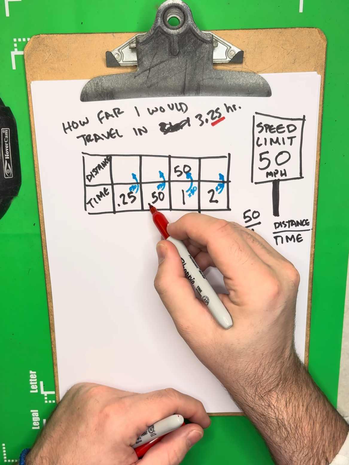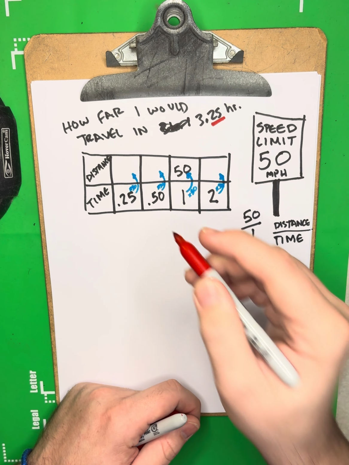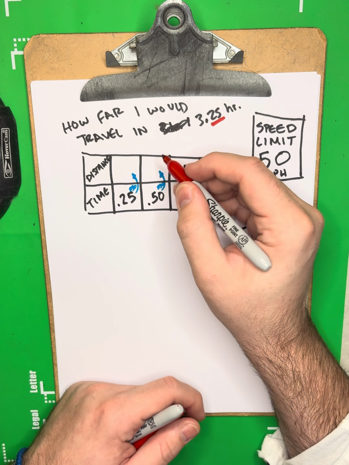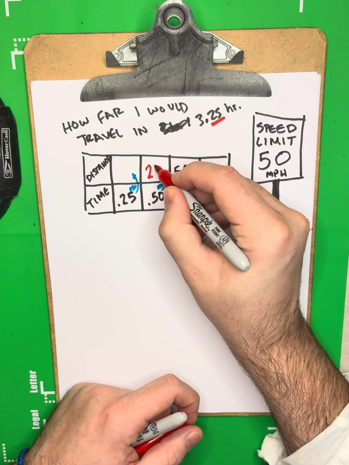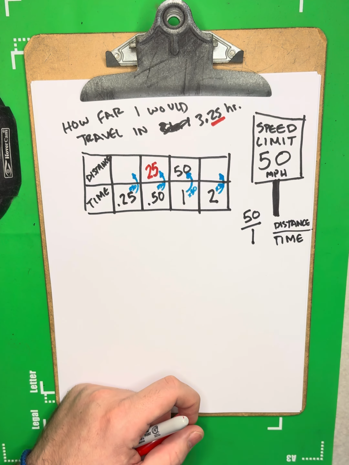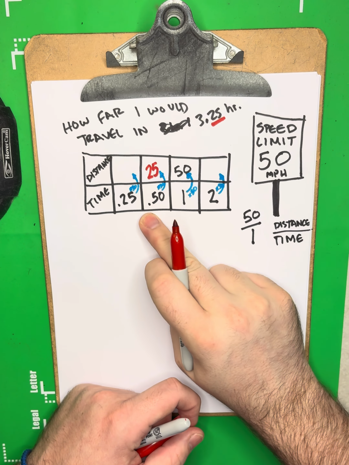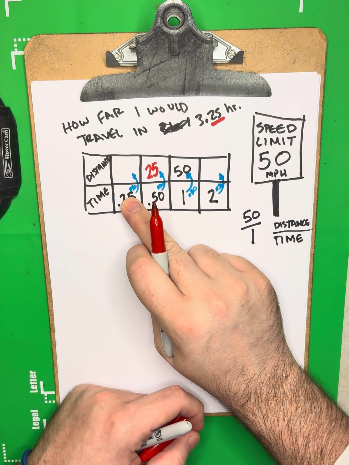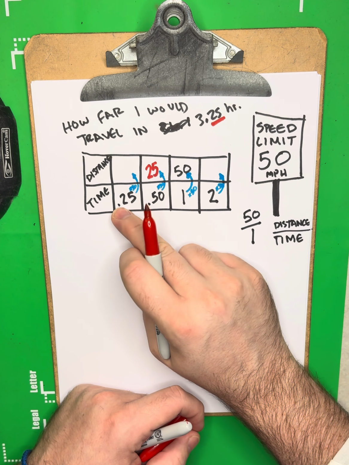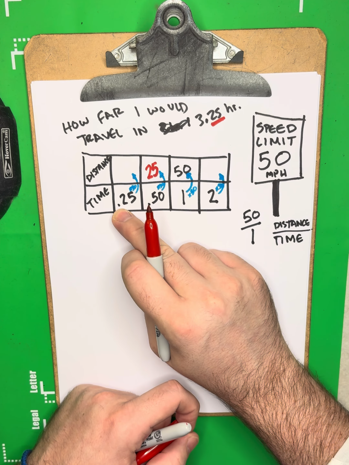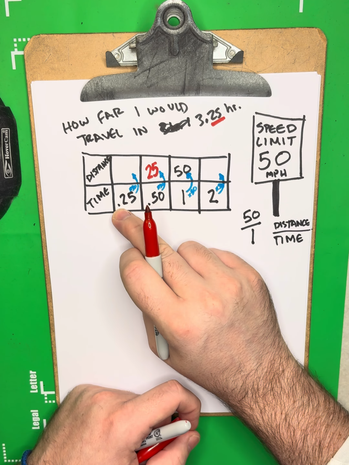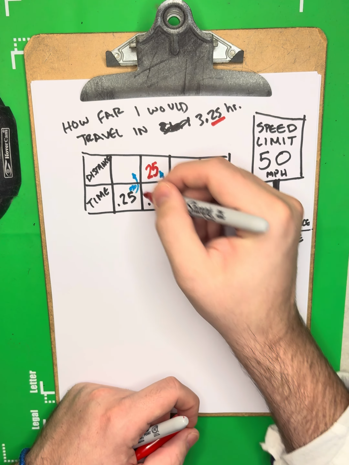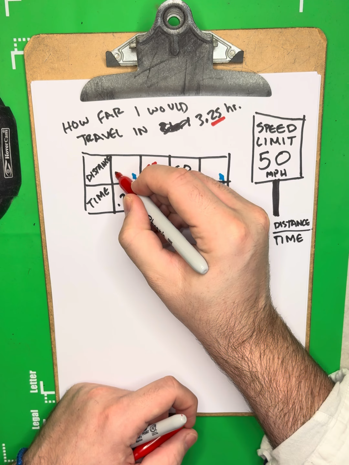Now, following my process, let's go back this way to figure out this part right here. So 50 times 0.5 would be like 50 divided by 2, half of 50 is 25. Half of 25 here, so 50 times 0.25, a quarter of 50, is 12.5.